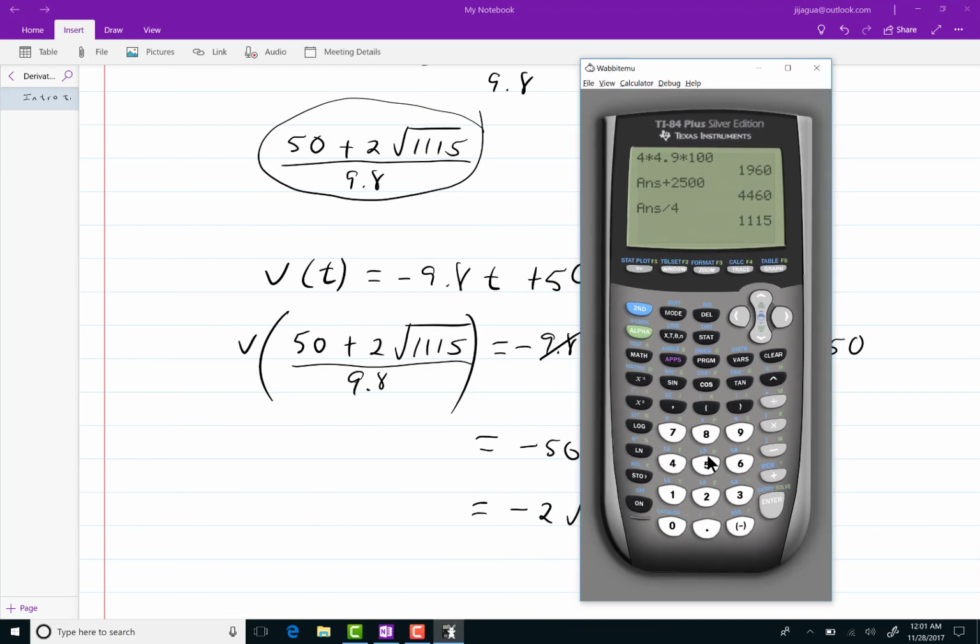We'll take 50 plus 2 times the square root of 1115. Let me hit enter. Gives me 116 point some stuff divided by 9.8. Enter. And there's my 11.917. So I confused myself by doing that stuff.